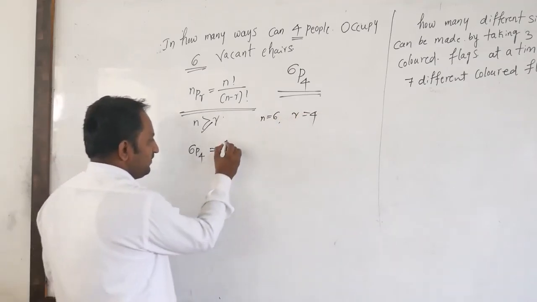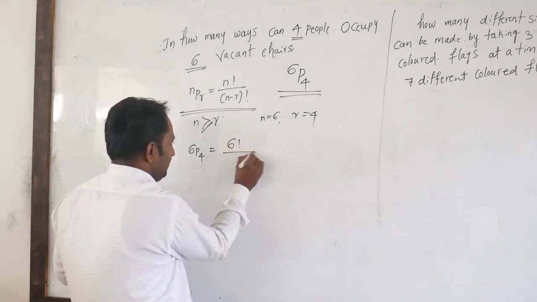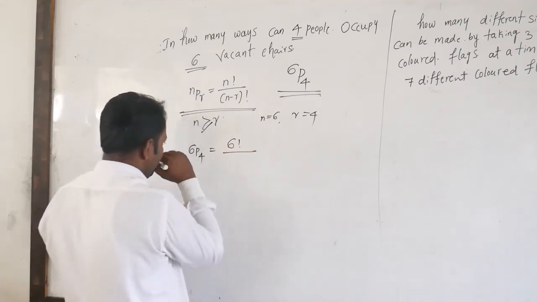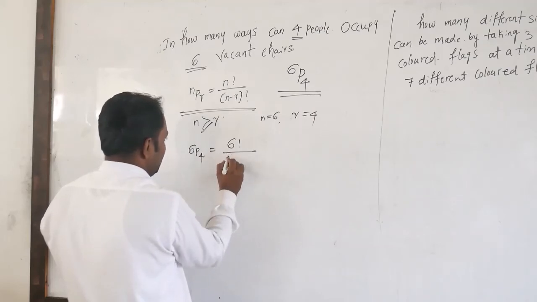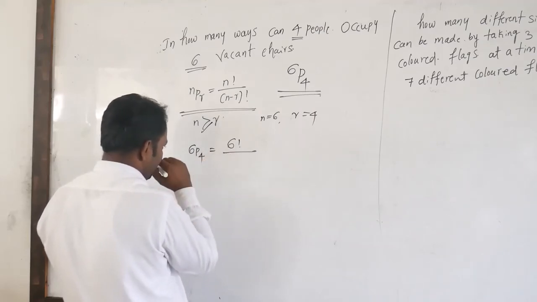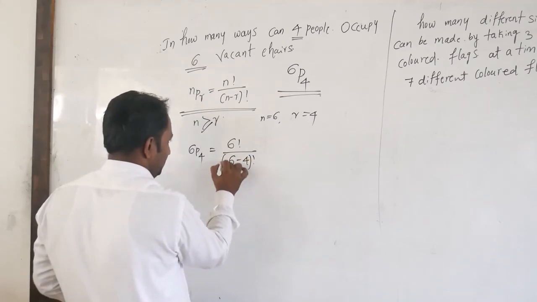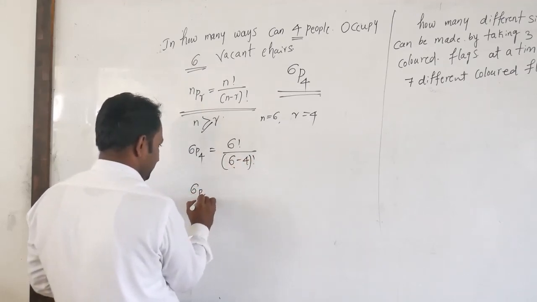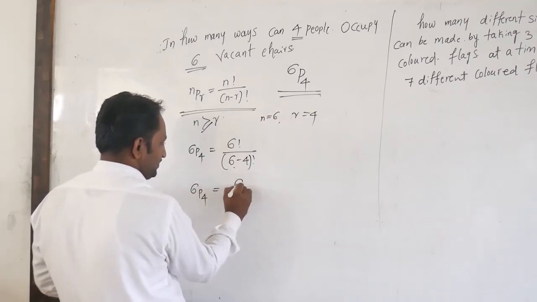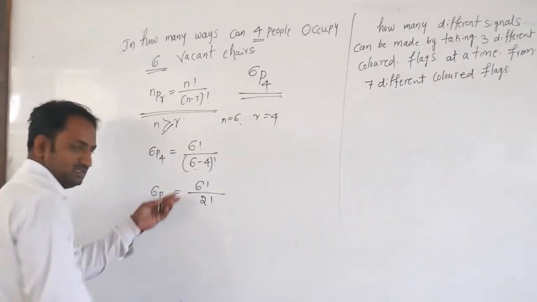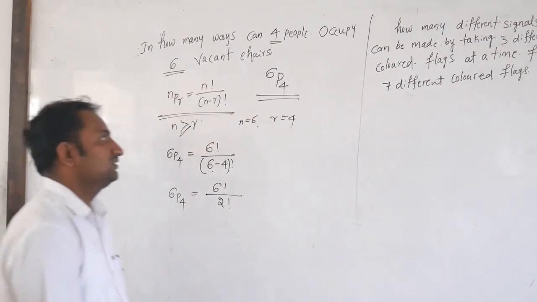So 6 factorial divided by (6 minus 4) factorial. Here 6P4 is equal to 6 factorial divided by 2 factorial. Simplifying this, we get the result.